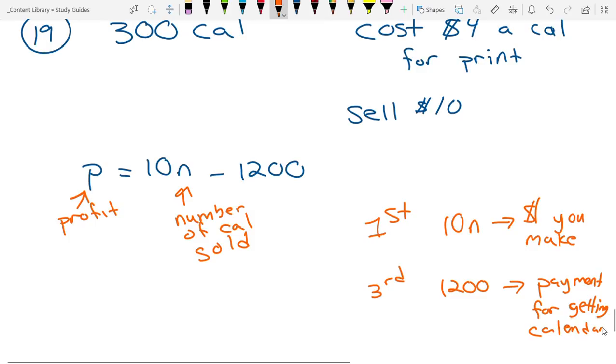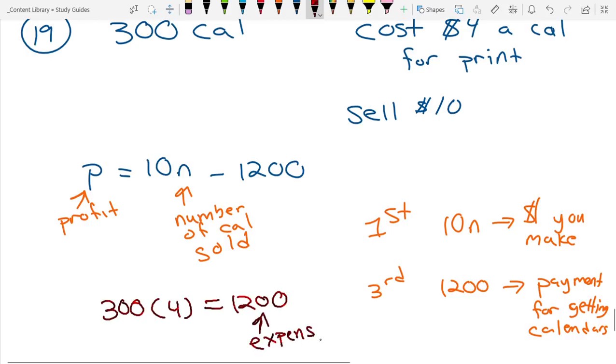You might be going, well, that 1200 wasn't mentioned anywhere in the problem. Well, it says that you're going to buy 300 and that it costs $4 for each one you buy. So 300 times 4 is 1200. So that's what we call your expenses.